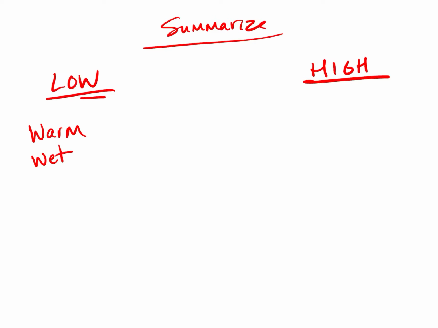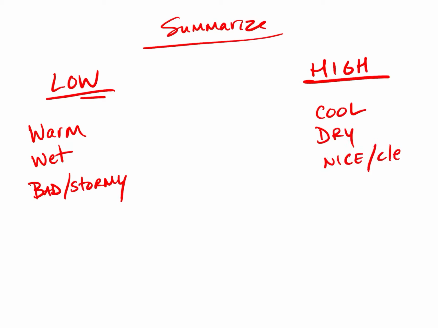And if it is wet and raining, that is going to be your bad, stormy weather. Next, high pressure. It's going to be the opposite. It's going to be your cooler temperatures, your drier temperatures, and it's going to typically be your nice, clear days.